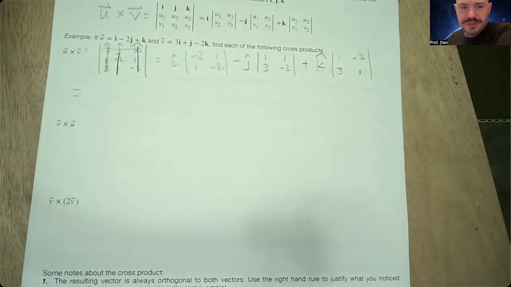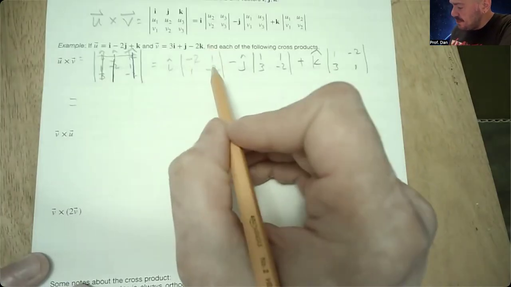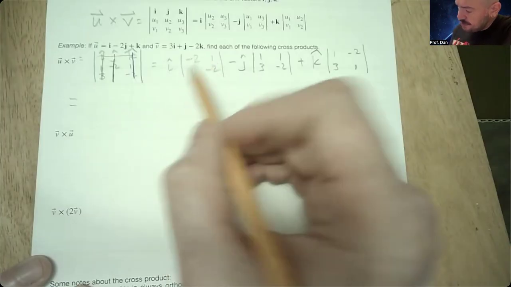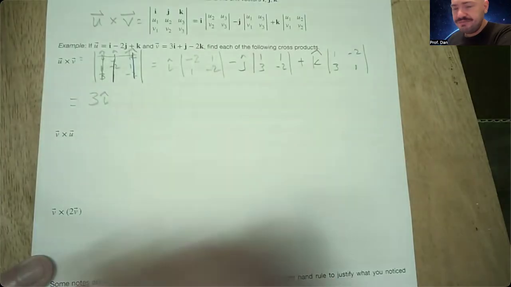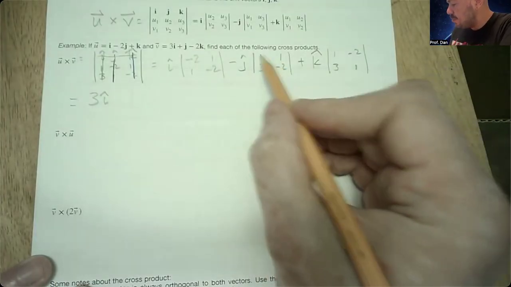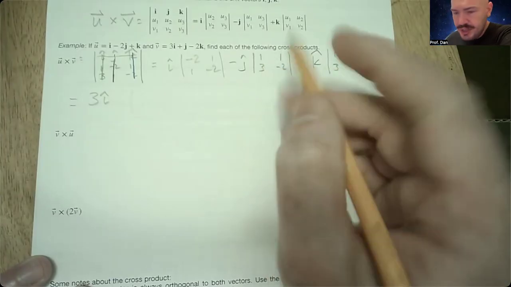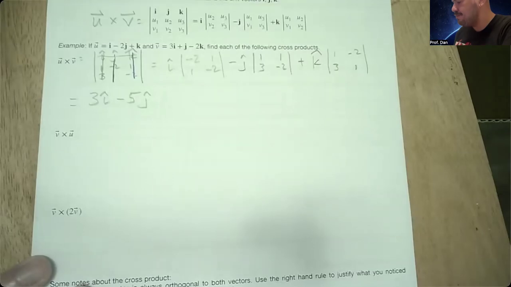And then the result is going to give us a vector. So for the first one, -2 times -2, we get 4 minus 1 gives me 3. So 3i. Second one, 1 times -2, we get -2. Subtract 3, we get -5j.